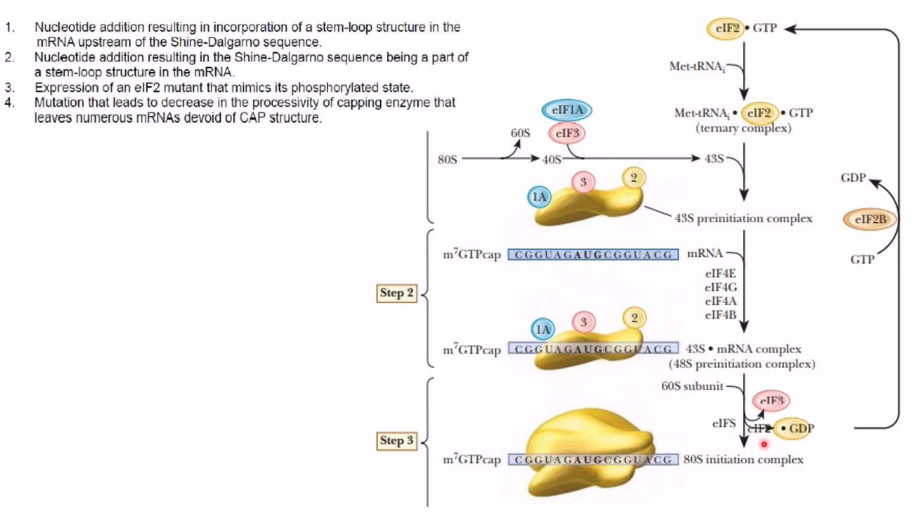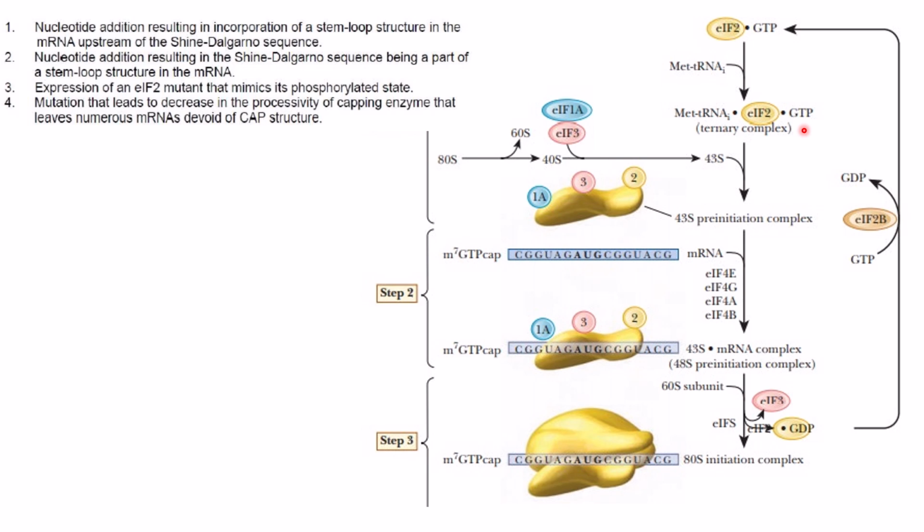Now EIF2 will be released by hydrolysis because EIF2 was bound to GTP. Now it will be hydrolyzed from GTP to the GDP form, by the action of GTPase activating protein. So it is bound to GDP. Now it cannot form a complex with Met-tRNAi.